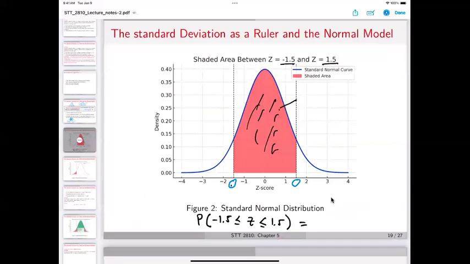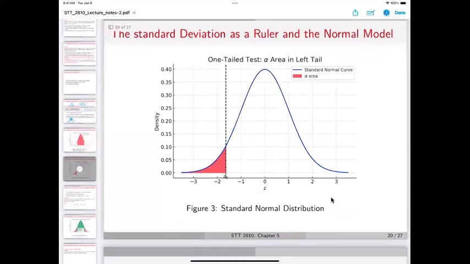So if we have our standard normal here, anytime we are given an area and we want to compute the z value, we always want to compute the area to the left. So for example, if we want this z value, we want to have this area to the left of the z.